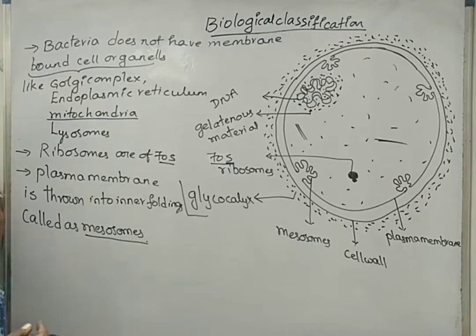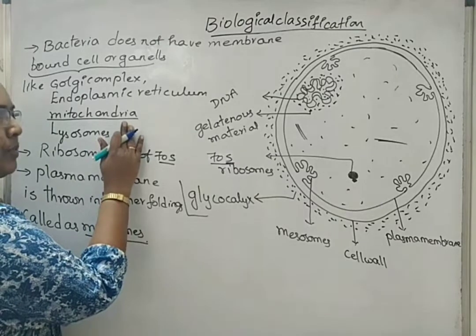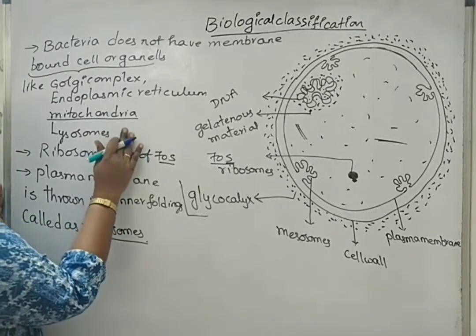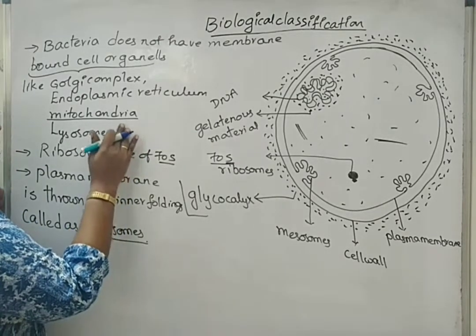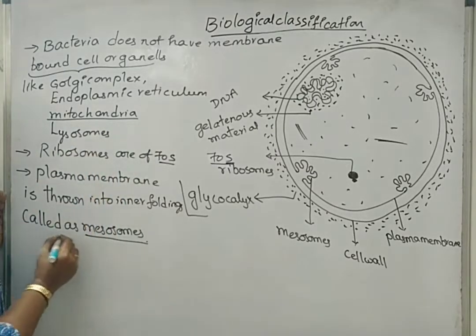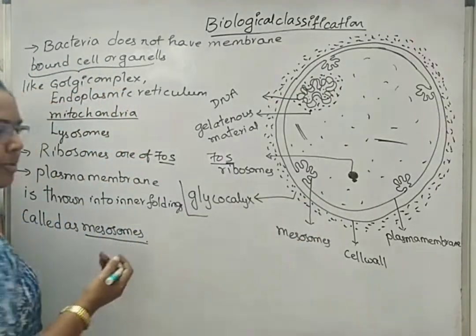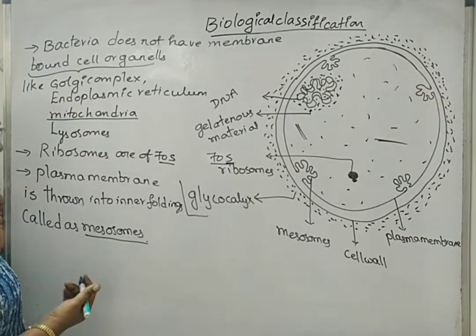Mitochondria in eukaryotic organisms are responsible for providing ATP and also carrying out respiratory functions. They have many respiratory enzymes which provide ATP. But in bacteria, what is the structure responsible for respiration?